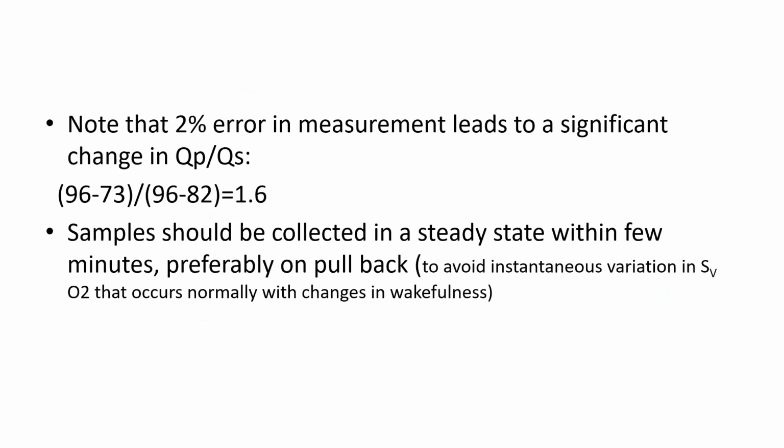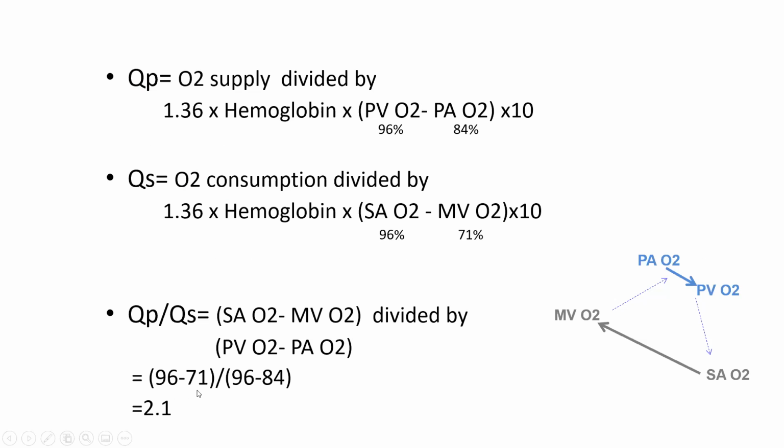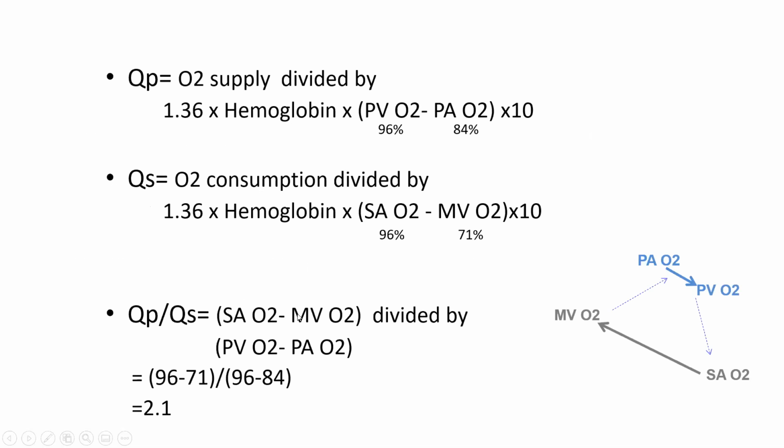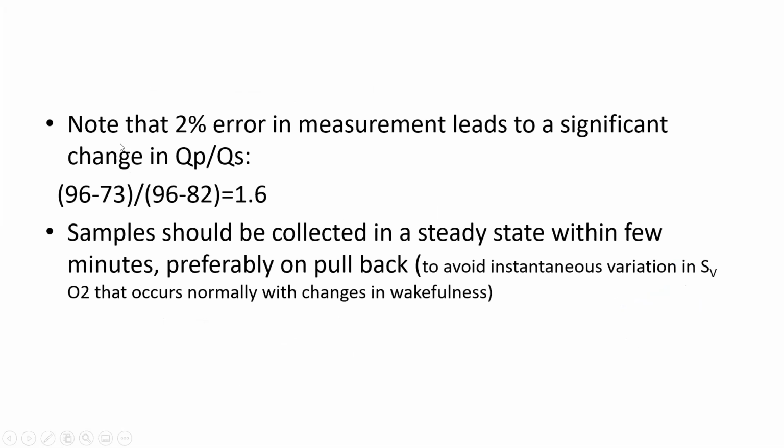I want to point out here, if you look at that calculation, realize how important any error in those numbers is. Imagine that you have only 2% error in measurement in those sats. And I show here the math, 2% up in one, 2% down in the other, you end up with a QP/QS that goes from 2.1 to 1.6.